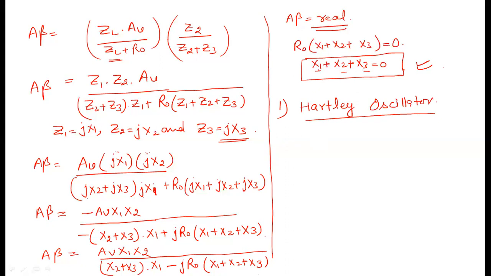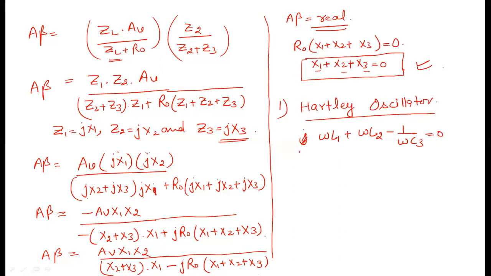So for the inductors, we have j omega L1 plus omega L2 minus 1 upon omega C3 equal to 0.